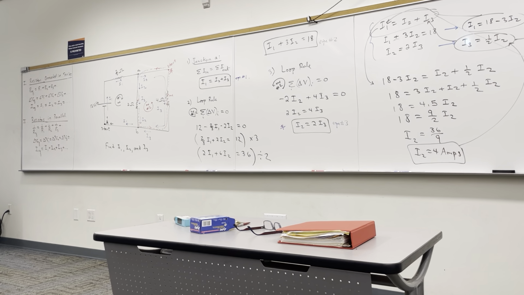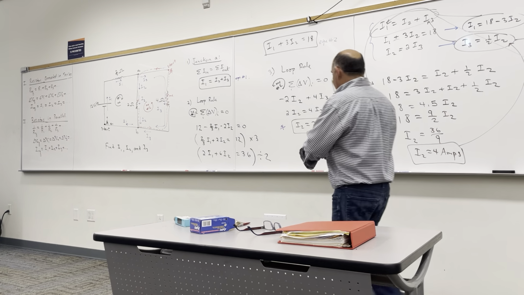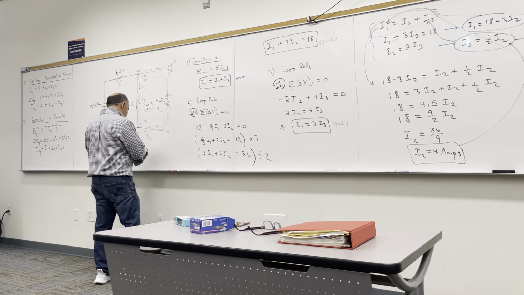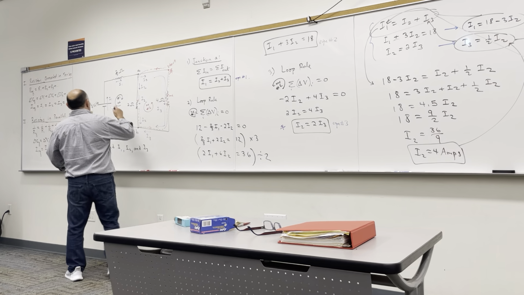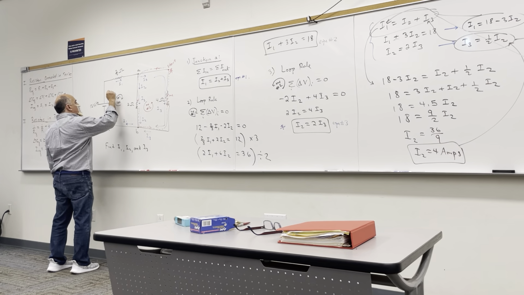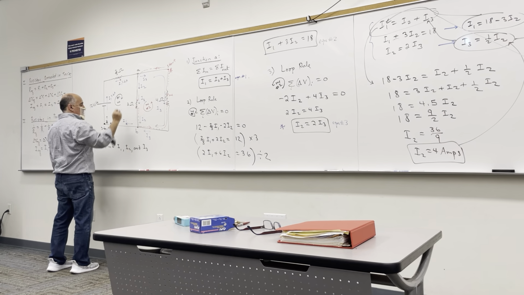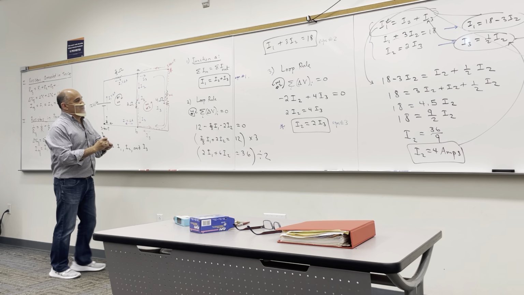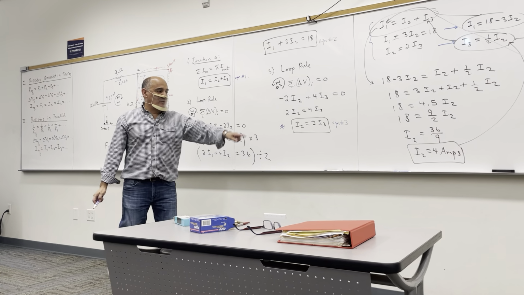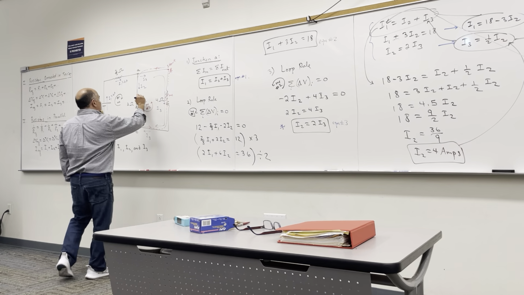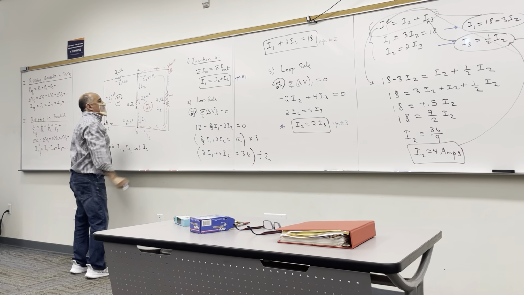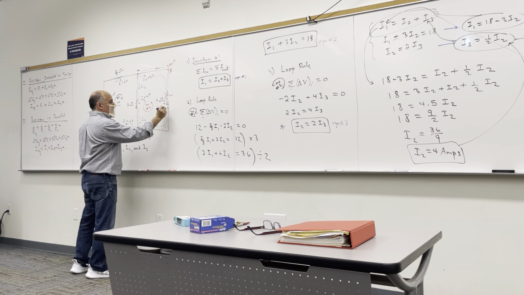And I bet you these are the values that we found before. So we would have 6 amps coming in over here, and it'll split into I2 and I3. I2 was 4 amps, so that's this one, and this one was 2 amps. And those are the same results that we had before.